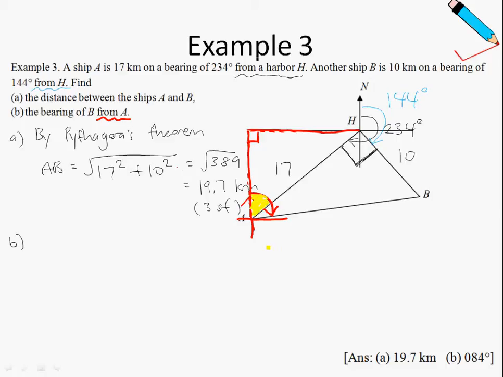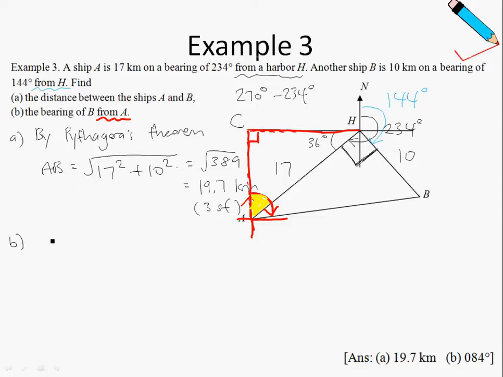How do I find the yellow angle? Recall that previously we found the big angle outside to be 234 degrees. If I take 270 degrees minus 234 degrees, I will find angle CHA to be 36 degrees. Let me label this point to be C. CHA gives me 36 degrees.